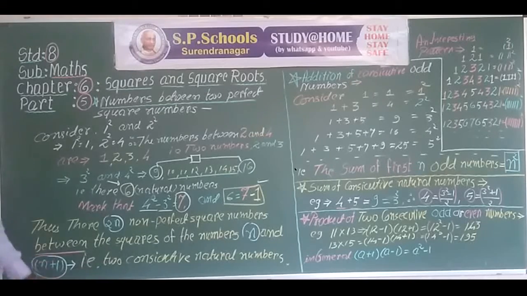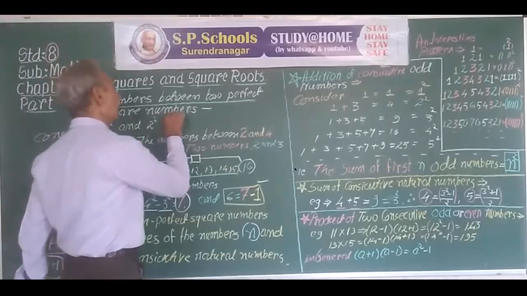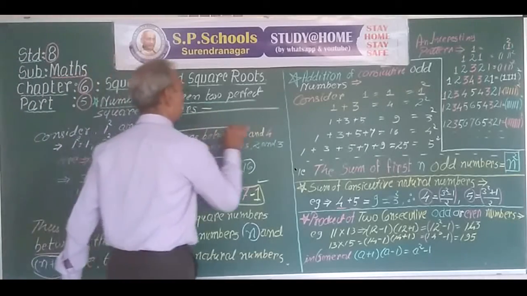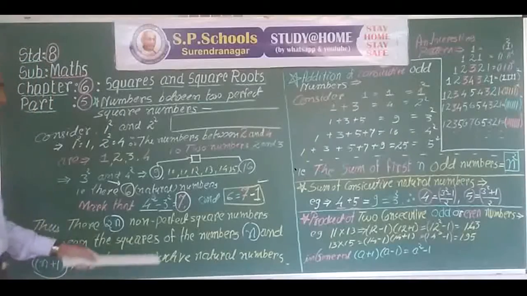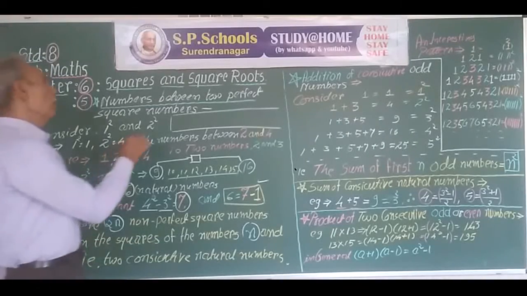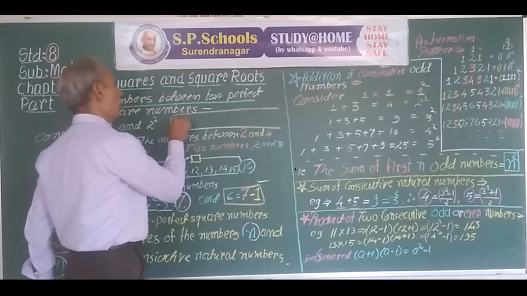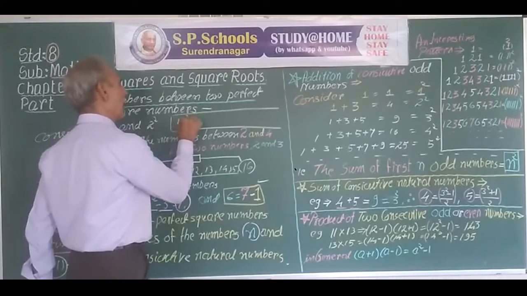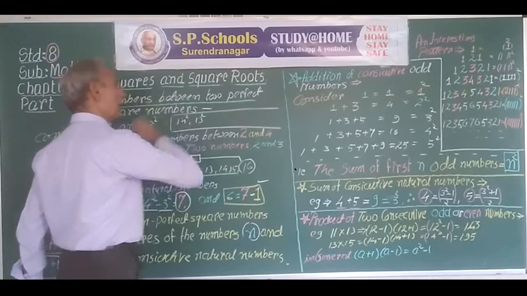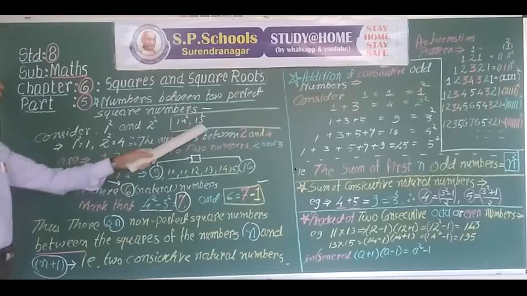So, how many will be the numbers which are not perfect squares between 14 square and 13 square? These are consecutive.